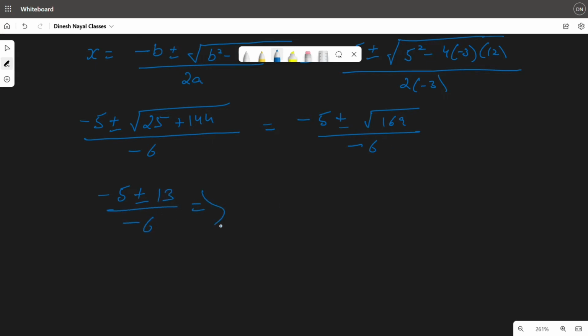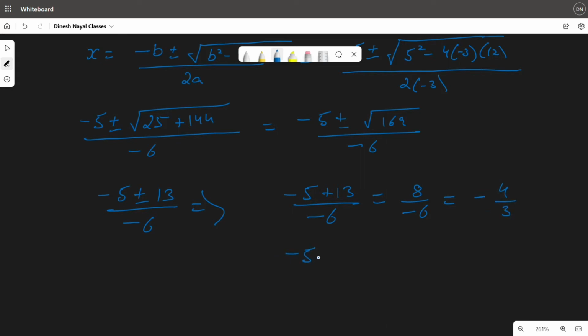So now the roots will be minus 5 plus 13 by minus 6. Minus 5 plus 13 is actually plus 8 by minus 6, which equals minus 4 by 3.